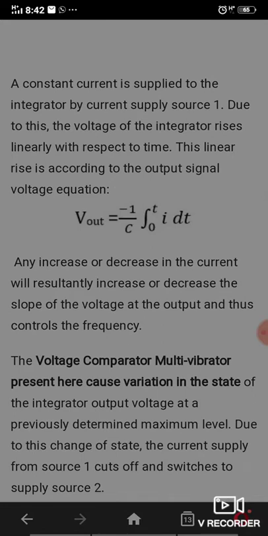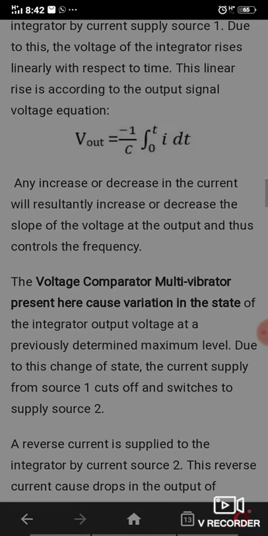The voltage comparator multivibrator present here causes a change in the state when the integrator output voltage reaches a previously determined maximum level. Due to this change of state, the current supply from source 1 cuts off and switches to source 2.